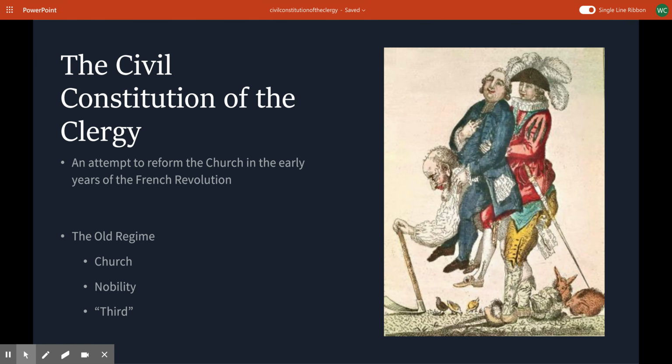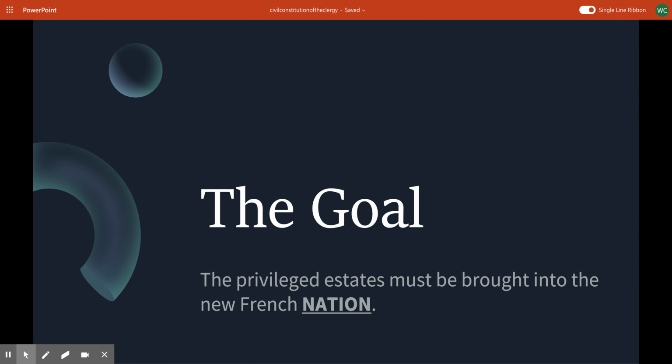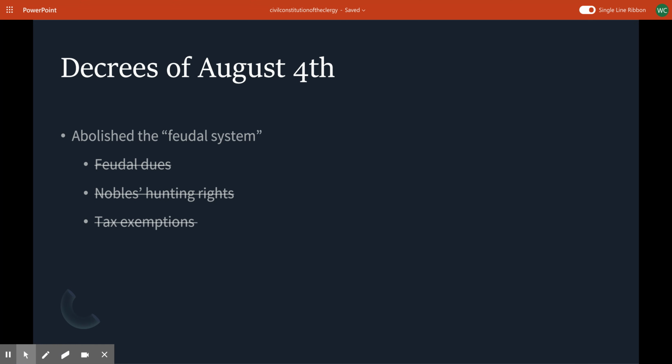Now, keep in mind, the civil constitution of the clergy is part of an overall effort to bring the privileged estates into this new French nation. Remember, the decrees of August 4th, which we've already discussed, abolished the privileges of the nobility, got rid of their feudal dues, nobles' hunting rights, tax exemptions. All of that stuff was gone.